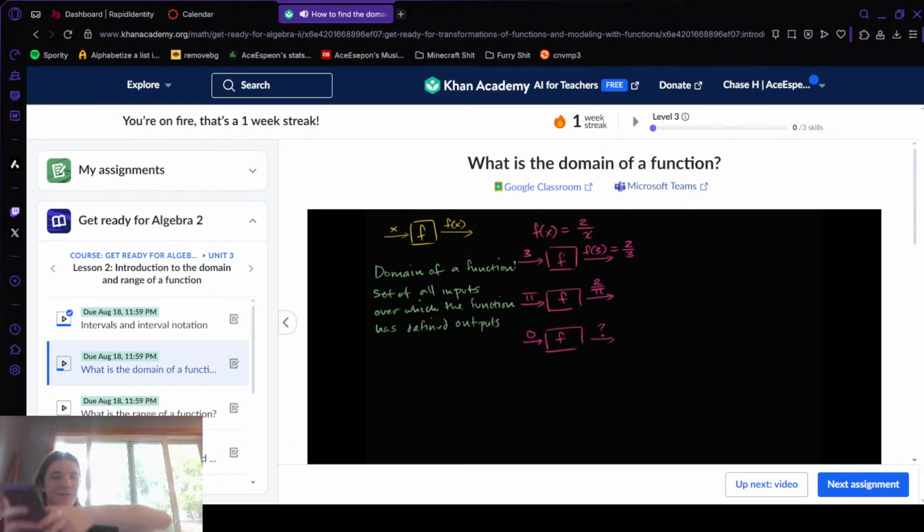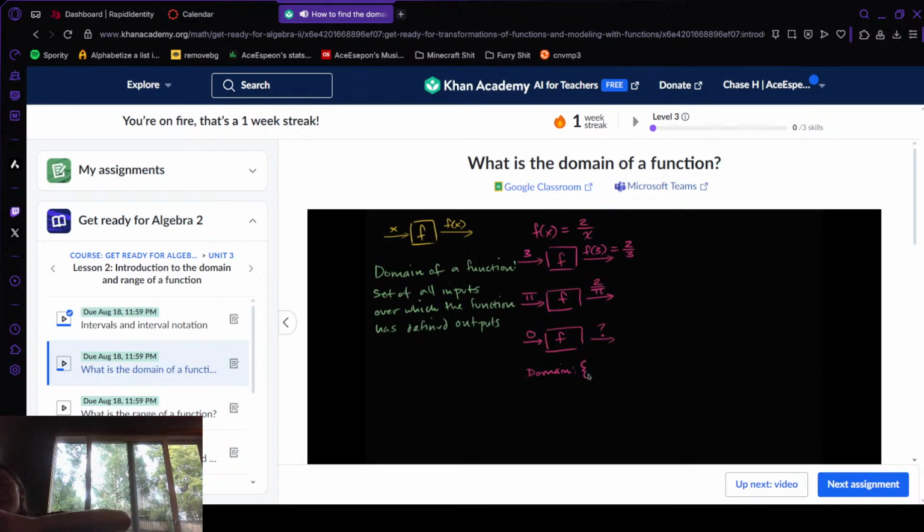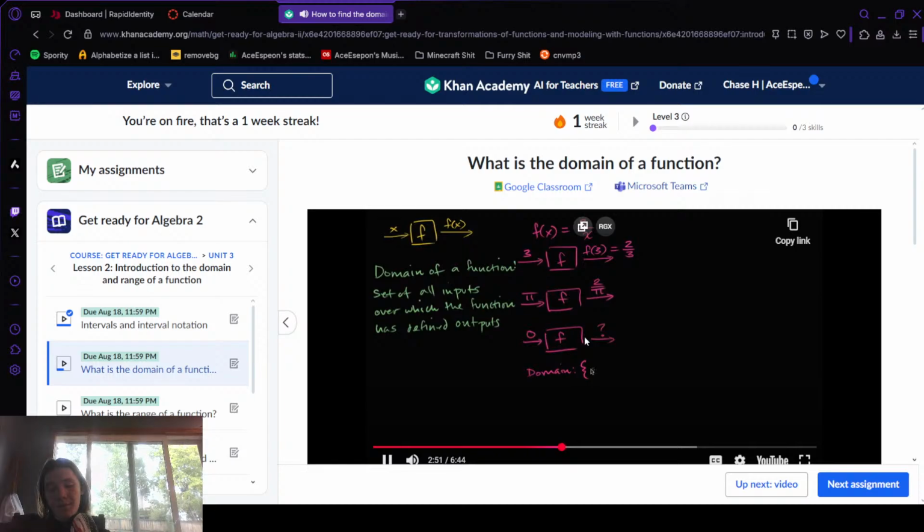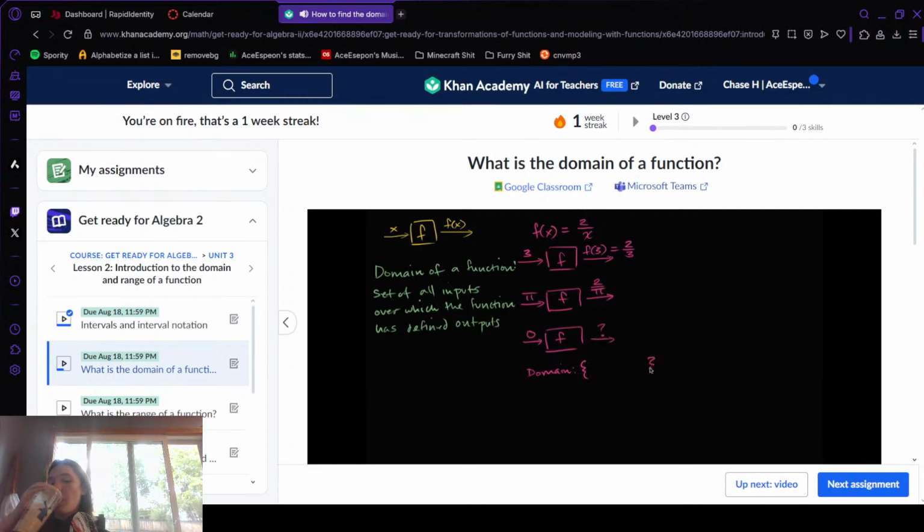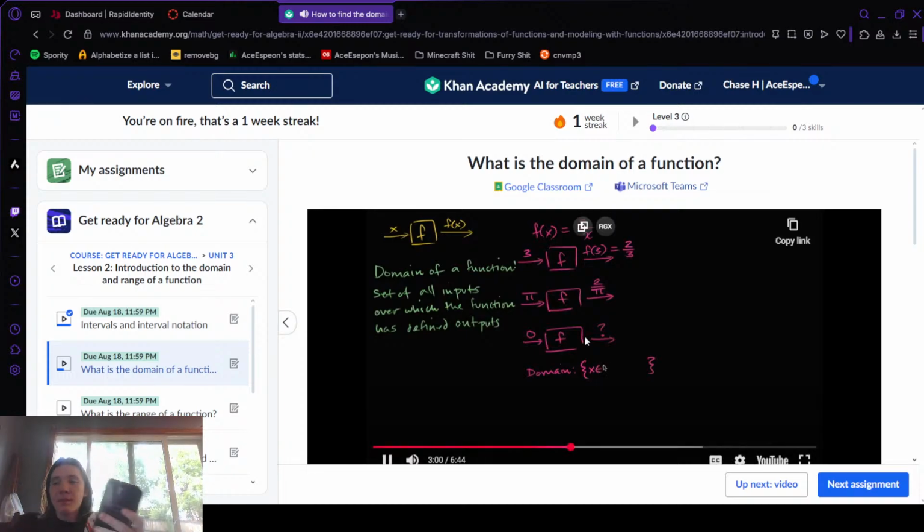So for the domain of this f in particular, I could say it's going to be the set, and these curly brackets are typical mathy set notation. x is a member, this little symbol means a member of the real numbers, but it can't just be any real number.